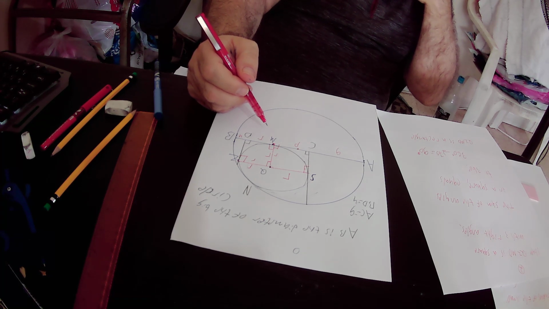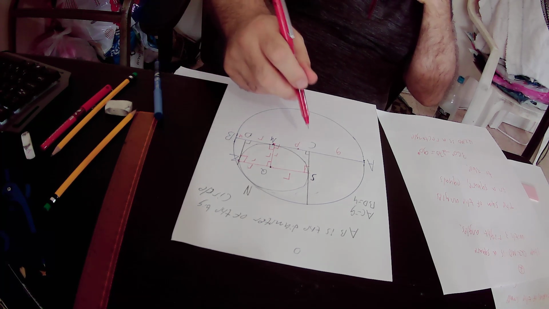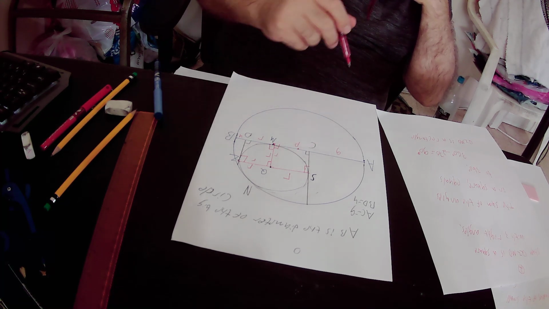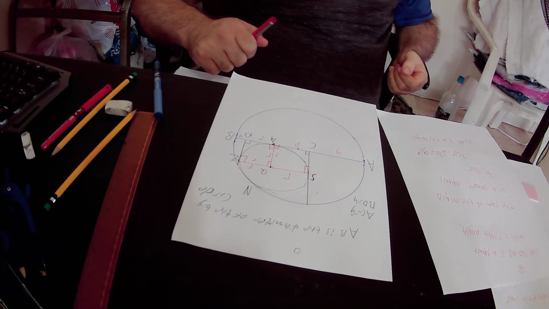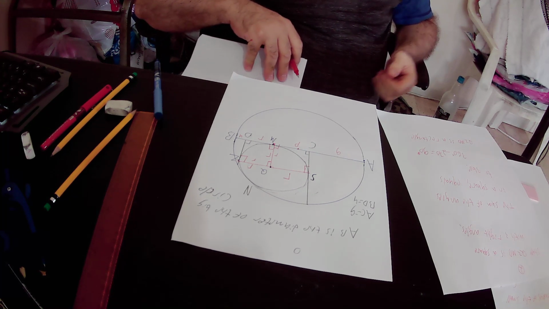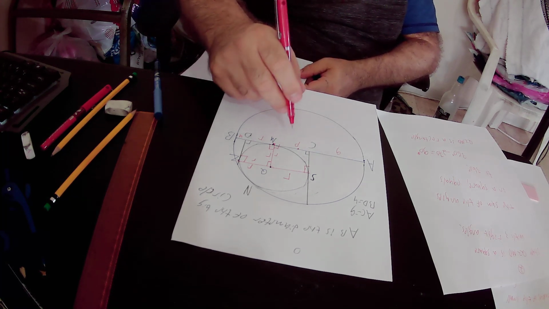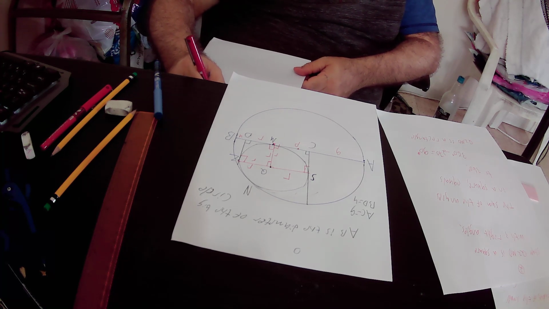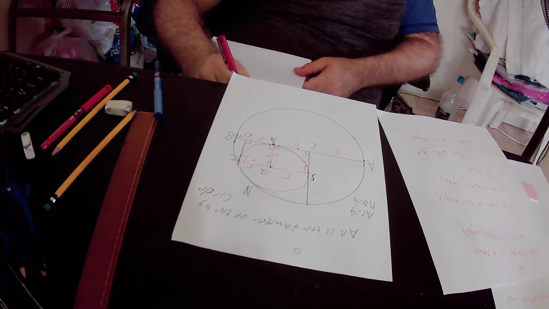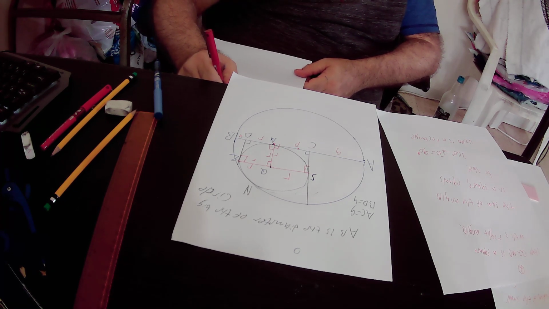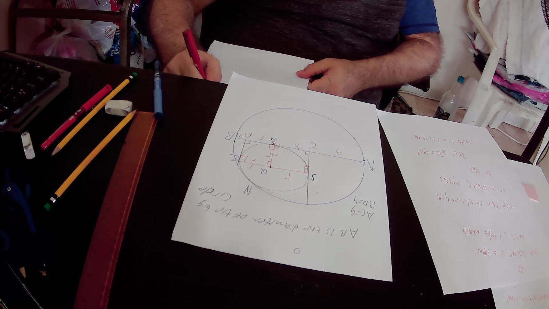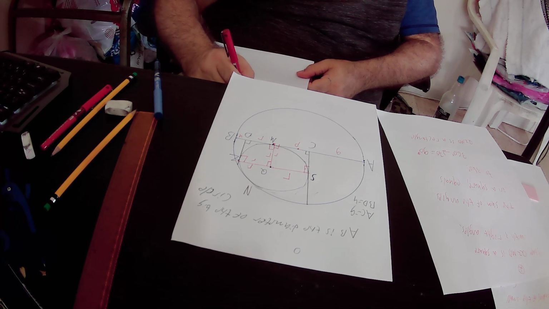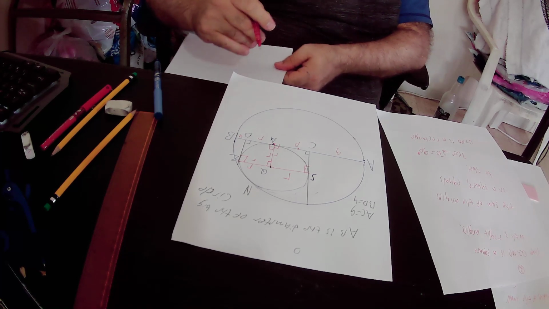And we will repeat the same process on the shape SQCM. In shape SQCM, shape SQCM is a square and it has three right angles.